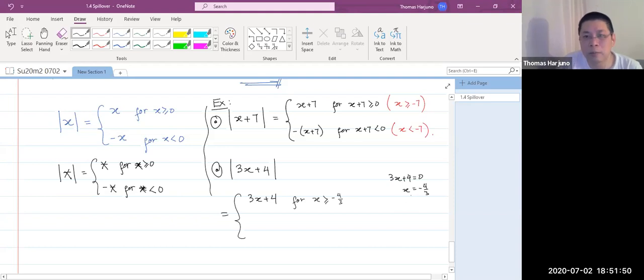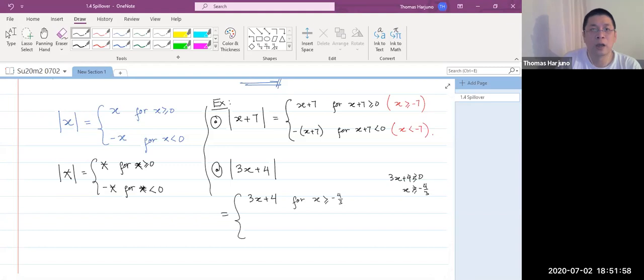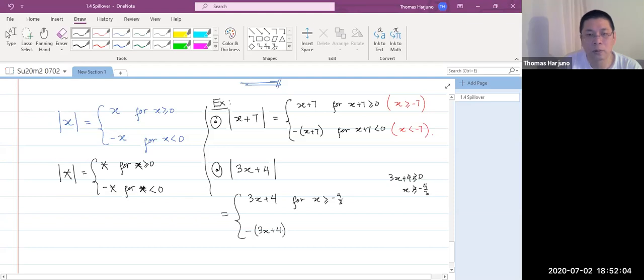Imagine you make it greater than or equal to 0. And it will be negative of 3x plus 4 in parentheses whenever it is on the other side, when x is less than negative 4/3.